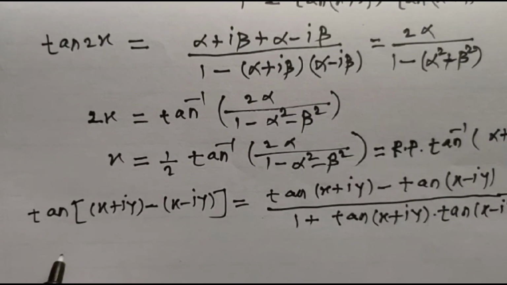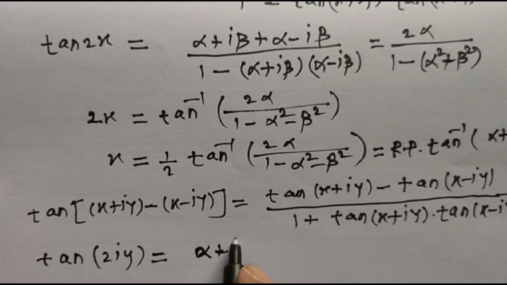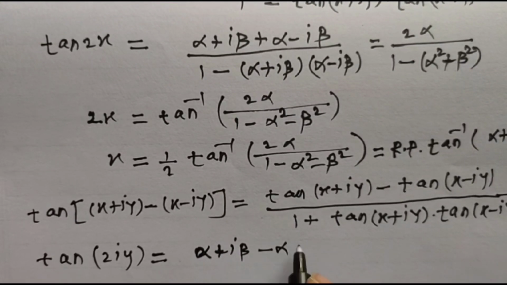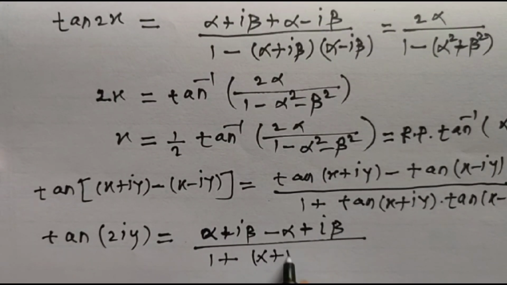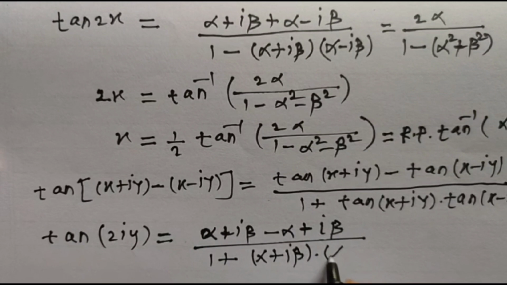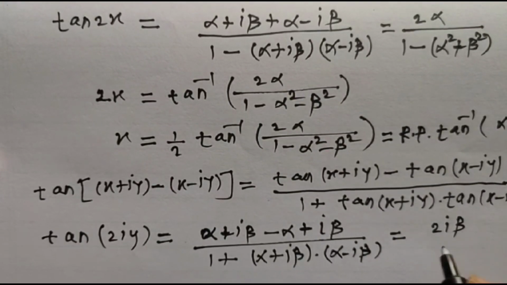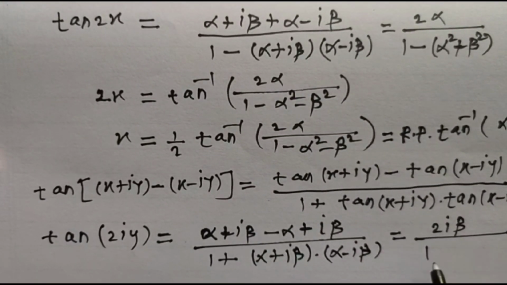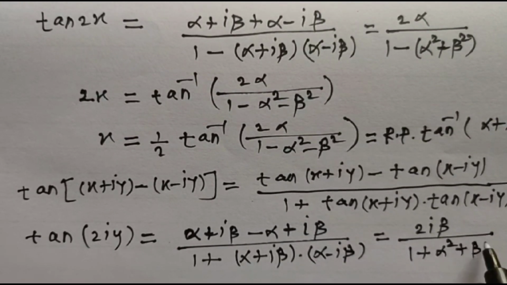Left hand side becomes tangent of 2iy, which is equal to (alpha + i beta) minus (alpha − i beta) divided by 1 plus (alpha + i beta) into (alpha − i beta), and this is equal to 2i beta divided by 1 plus alpha squared plus beta squared.